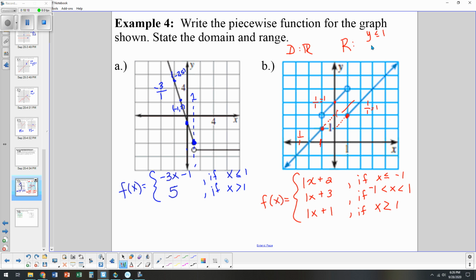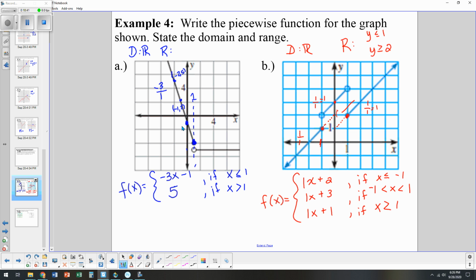And then again, starting at the 2, it's going to go up forever. So my range is y is less than or equal to 1 and y is greater than or equal to 2. In this one, my domain was all real numbers, as it almost always will be.